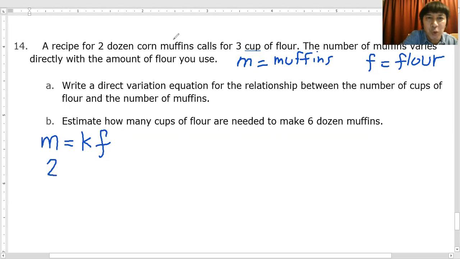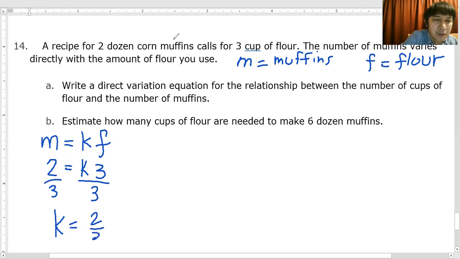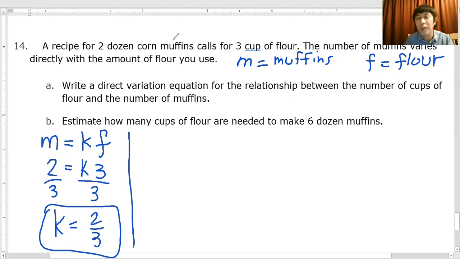So 2 dozen corn muffins equals K, and to do that, you have to use 3 cups of flour. We can solve for the constant of variation by dividing by 3, and we have K equals 2/3. There, our K is 2/3.